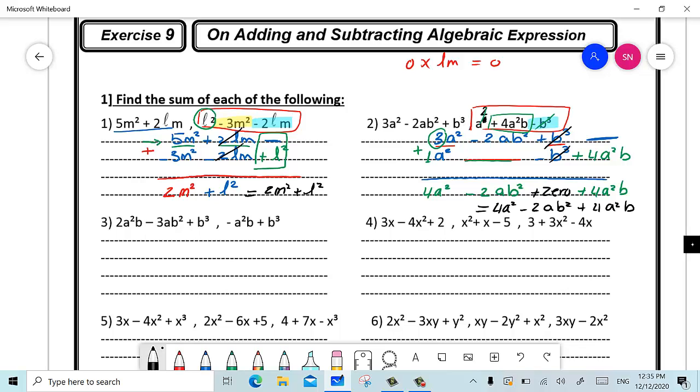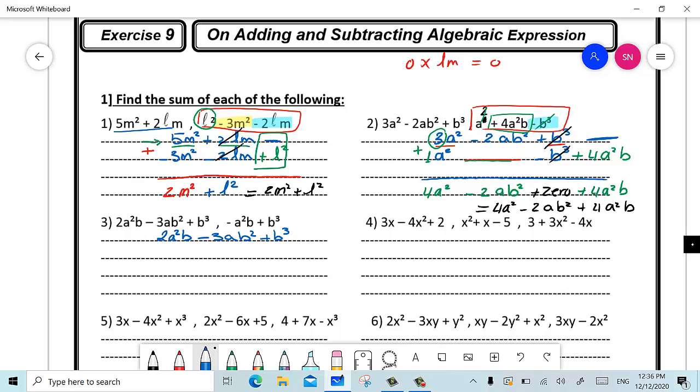Number 3, I have 2a squared b minus 3ab squared plus b to the power of 3. So again, we said that the first step we do is to write the first expression as it is. I have here 2a squared b negative 3ab squared positive b to the power of 3.